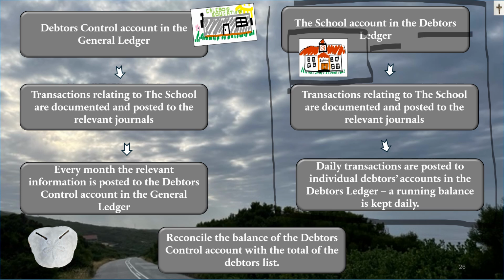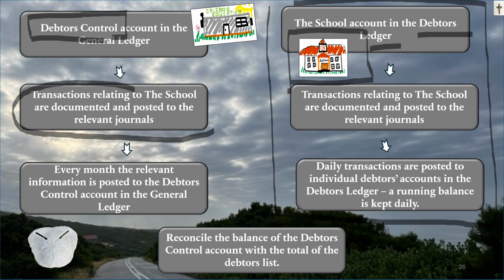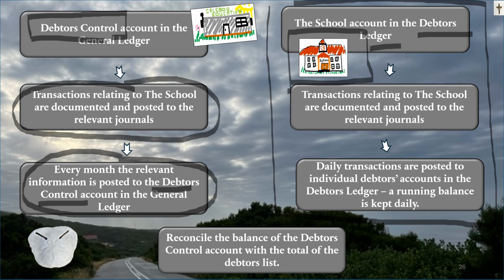Now what we need to do is the debtor's control account, by taking all the information from the journals at the end of the month and posting that information to the debtor's control account in the general ledger of Caleboo Education.